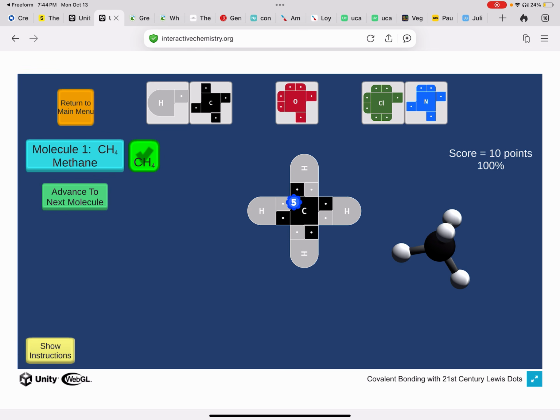Okay. What you see over here, this moving image, is actually the 3D version of the structure that you created. Okay, and we are going to put that into your notebook. Not in your notebook, excuse me, on the worksheet.